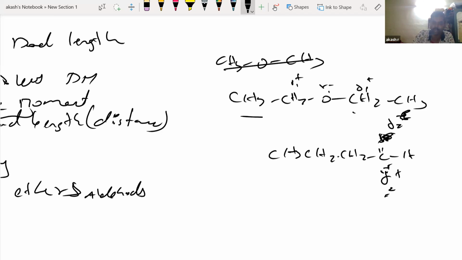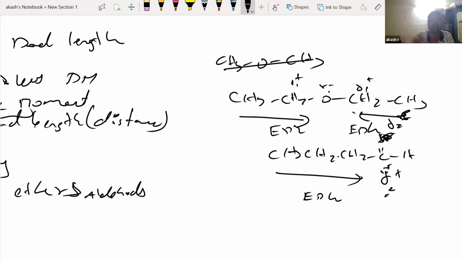Now in this case, we understand that this is an electron donating group. Both of them are electron donating groups. In this case, we have an electron donating group from this side. I know all alkyl groups are electron donating in nature. So when they are electron donating, I already have a partial negative charge on this oxygen, so I would say in both cases the delta negative value on oxygen increases.